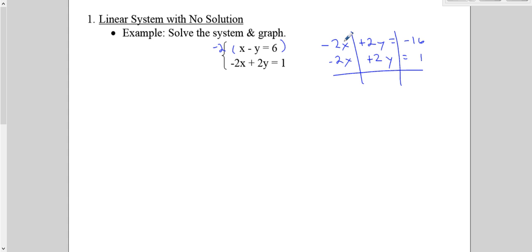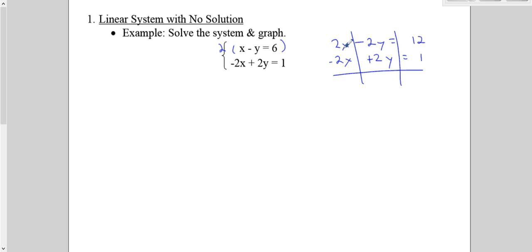When I set this up and I go to add, I'm going to get, oops, I'm sorry. This should be positive 2x. I'm not multiplying by -2, I'm multiplying by positive 2, which means I will get 2x minus 2y equals 12, not 16.